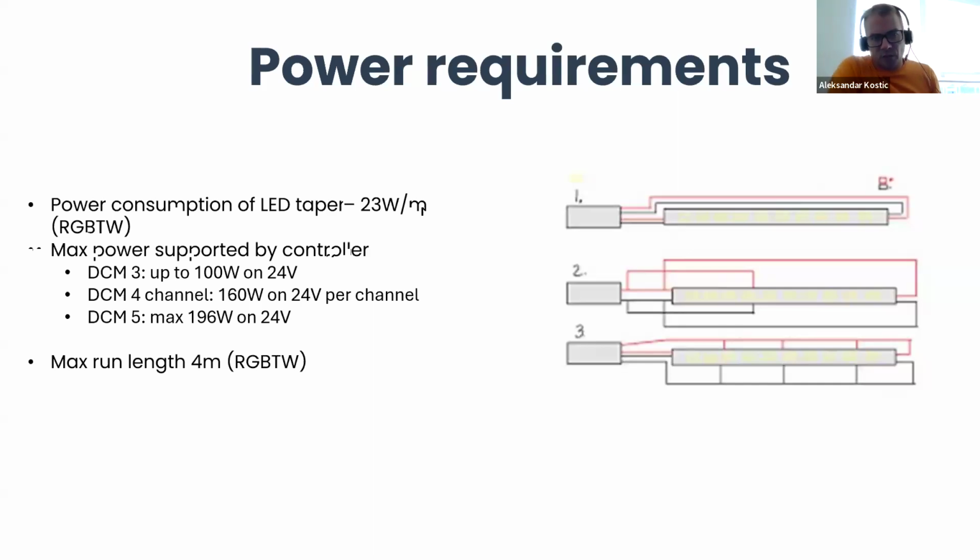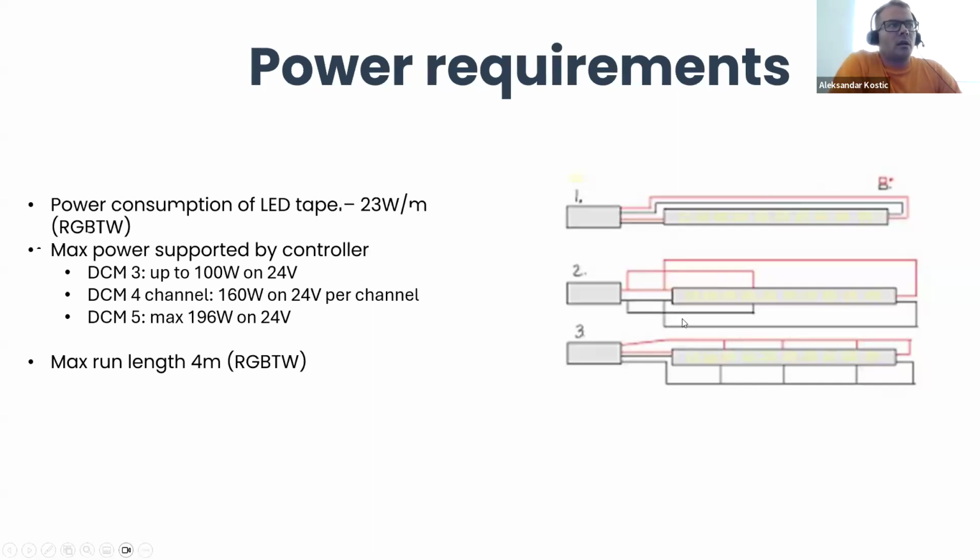That means any point on the LED tape shouldn't be further away than 4 meters from the closest point where I connected a power supply. There are different ways to bring power to LED tape. The first example is bringing the LED power supply at the beginning and at the end of the tape. This way we can have up to 8 meters of LED tape, because we have 4 meters from each side.